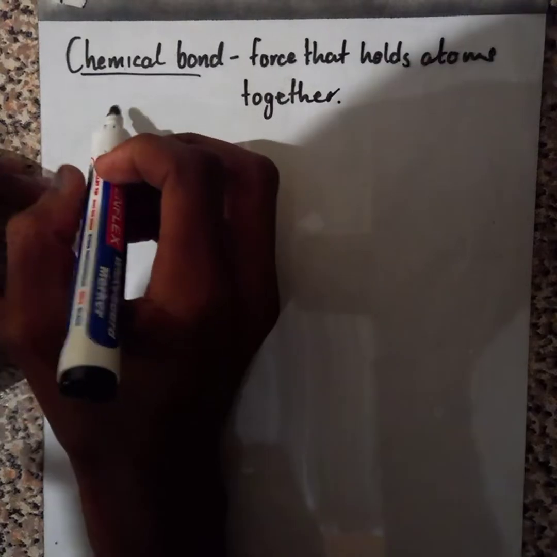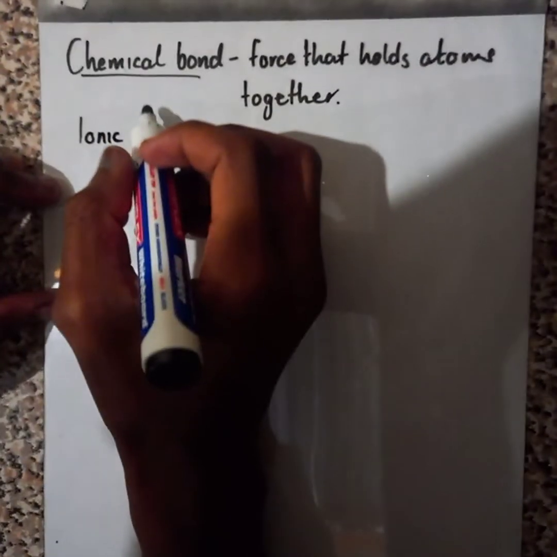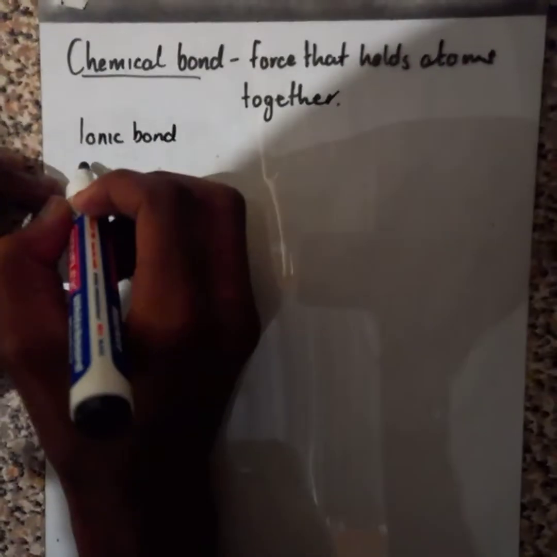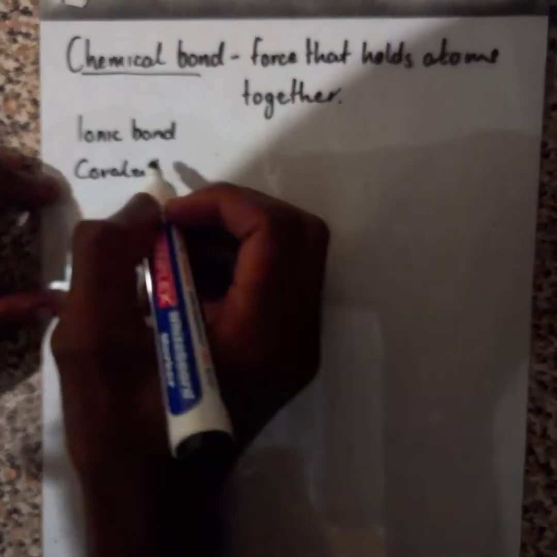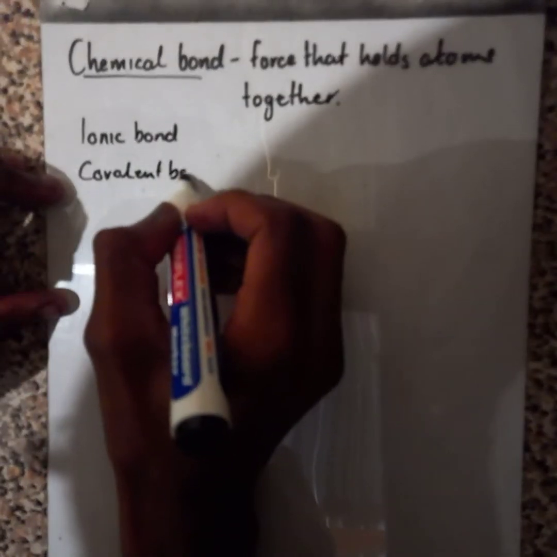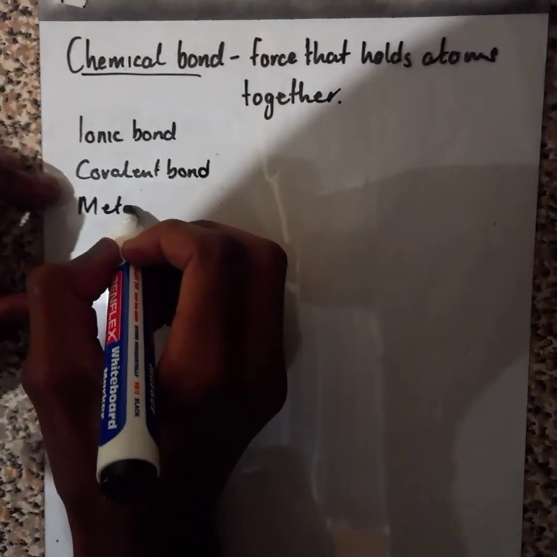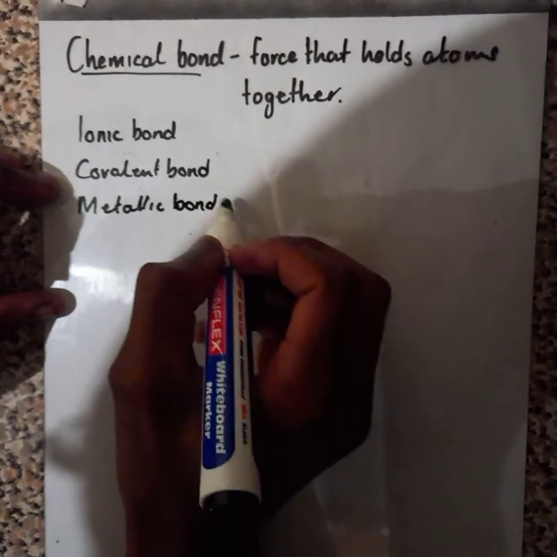Then now we have three of those. We have an ionic bond. We also have a covalent bond, together with the metallic bond. See?